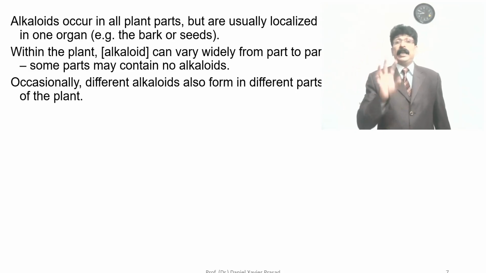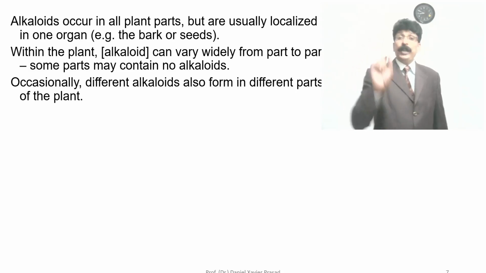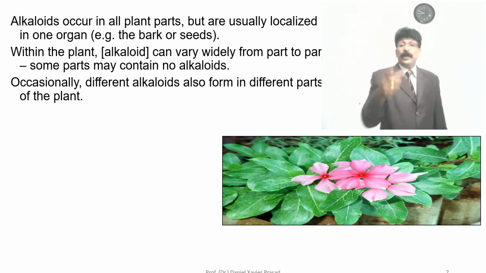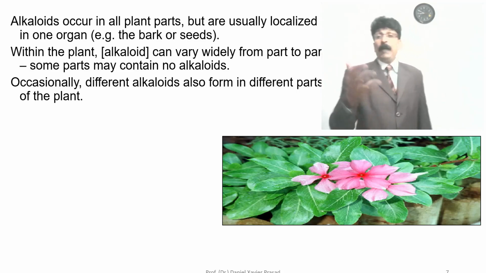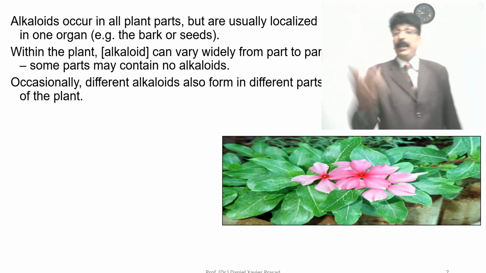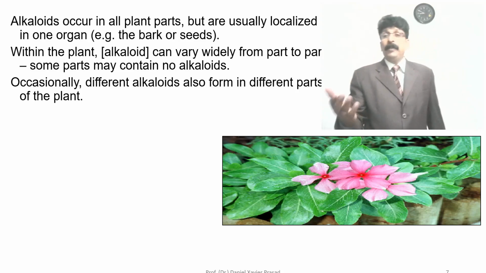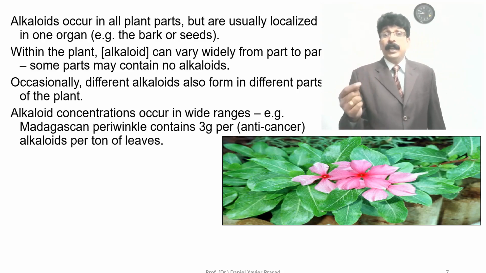Occasionally different alkaloids occur in different parts of the plant, especially in Vinca flowers. You might have seen this one. When I asked in the class, the student told the name very clearly in Tamil, Nitya Kalyani, and in Malayalam also the same, but we call it Vinca, and we say this one is an anti-cancer drug, but the quantity of the active principle is very low.